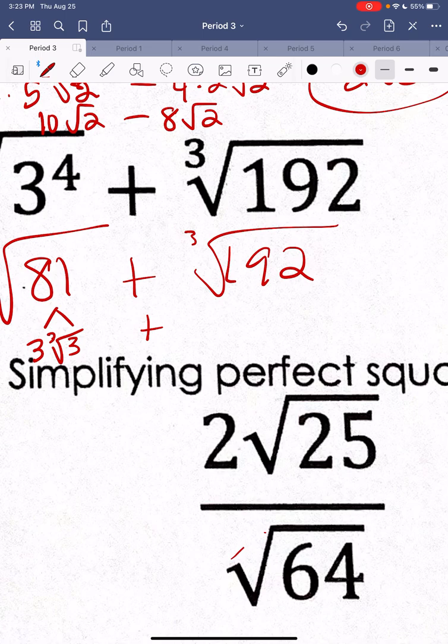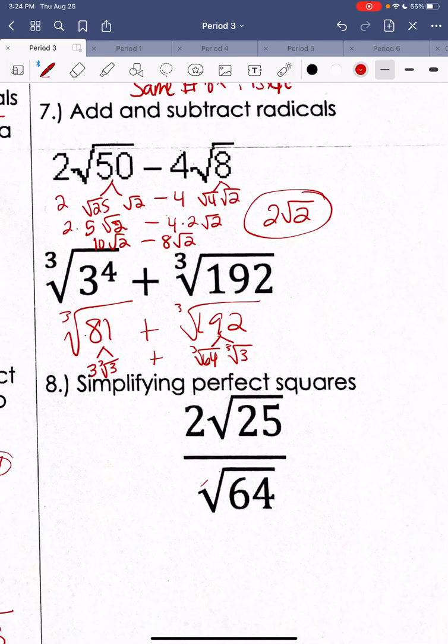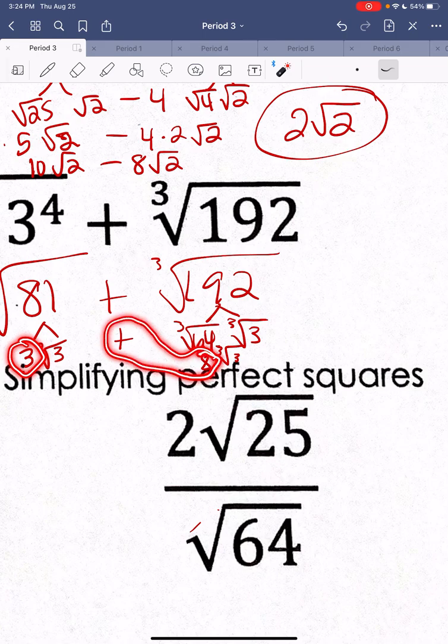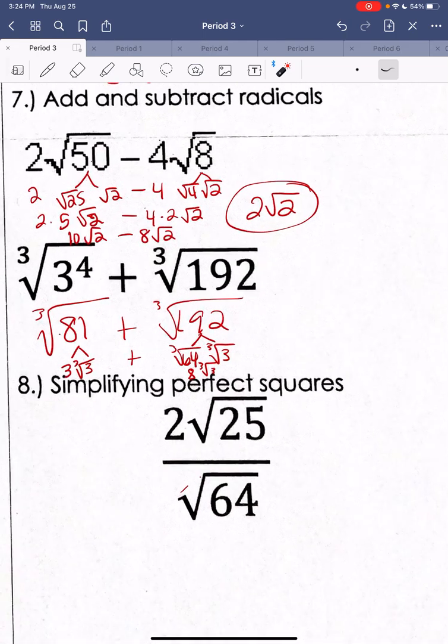192, you would look down your list and just kind of guess and check with your division if you don't know, can be broken down into 64 and 3 as well. The cube root of 64 is 8. I don't know the cube root of 3, so I bring it down. Now these things have the same number on the inside, so we add the numbers in front. 3 plus 8.